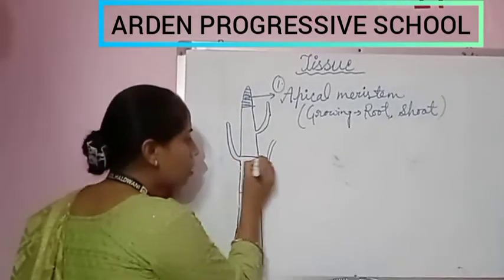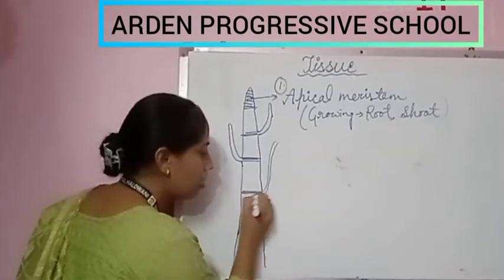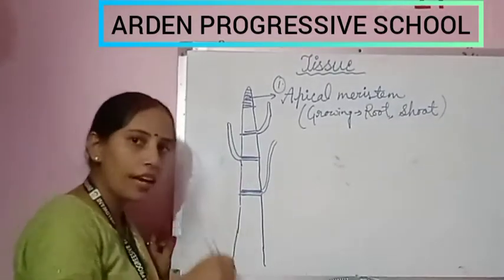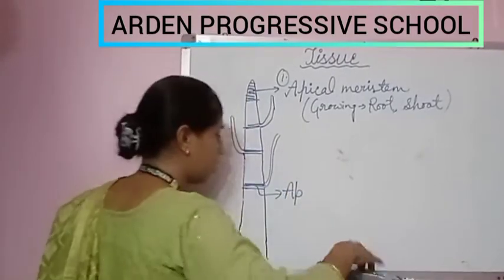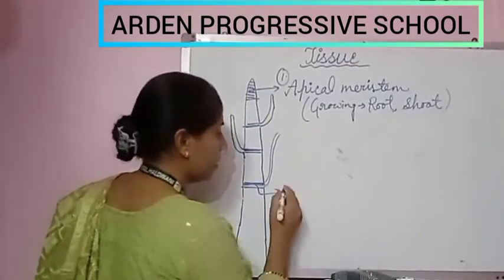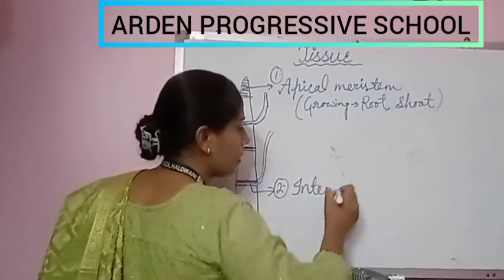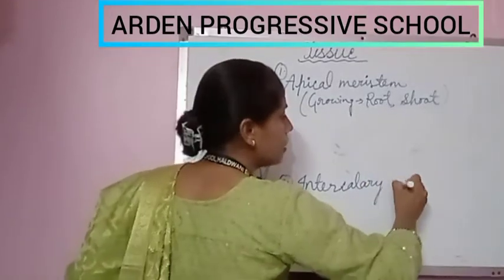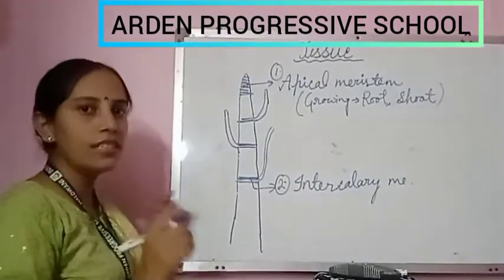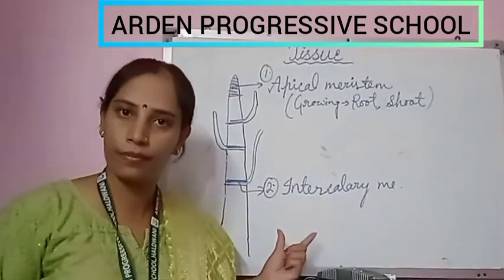At the base of this, and at the base of this, which kind of meristem is present? The apical, sorry, the second meristem, that is the intercalary meristem, is present. It is present at the base of the growing region of the plant.